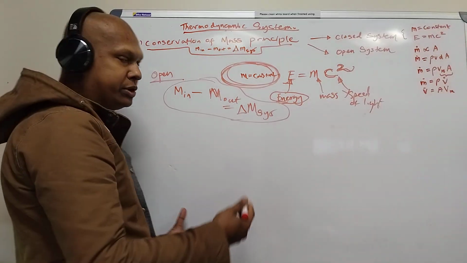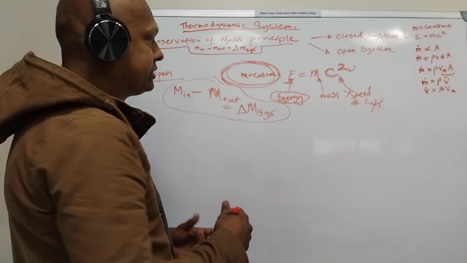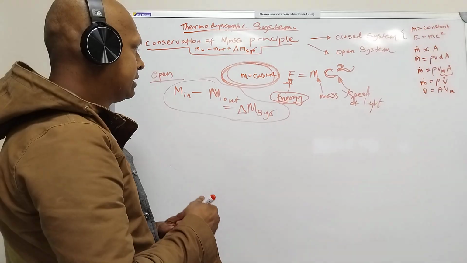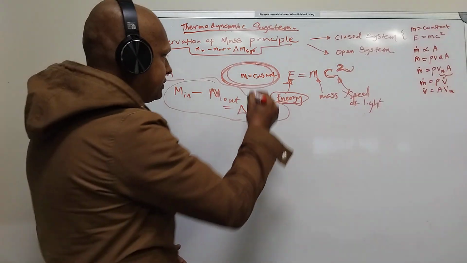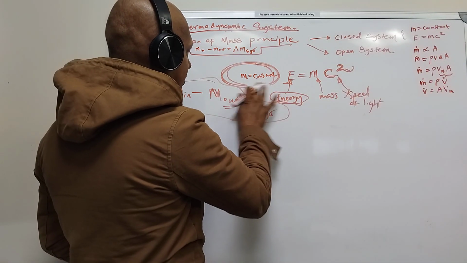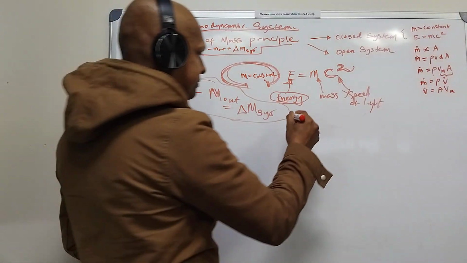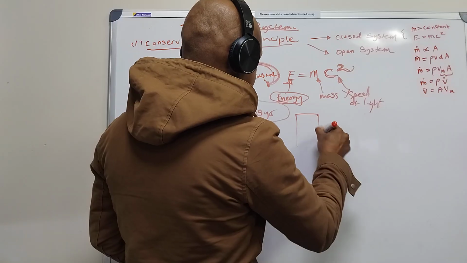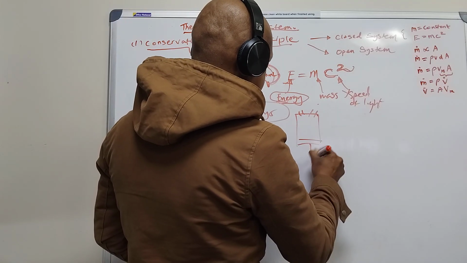Now moving to the next part of the topic. In the thermodynamic system, if you go into the open system, you have an open section, such as a piston. In a piston you have the valves, so it is an open system.